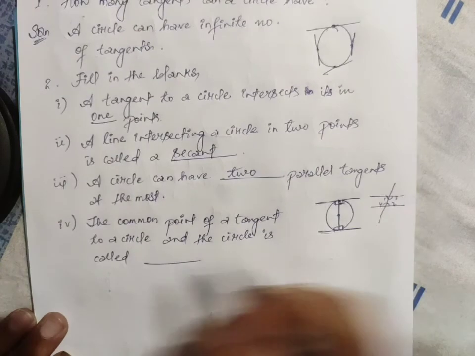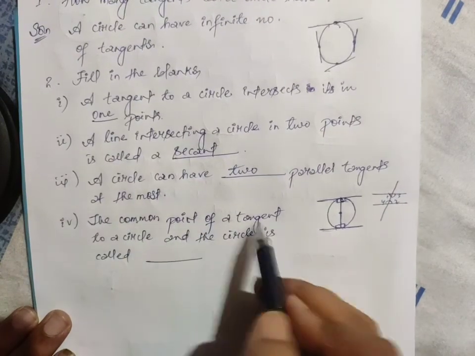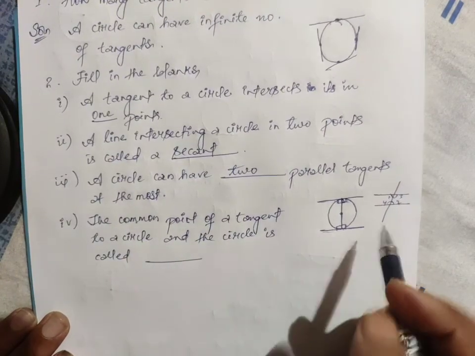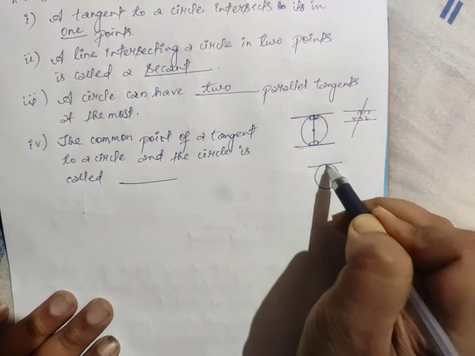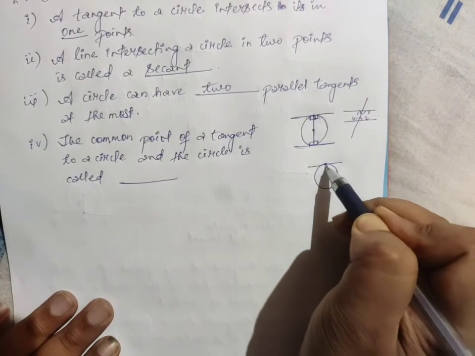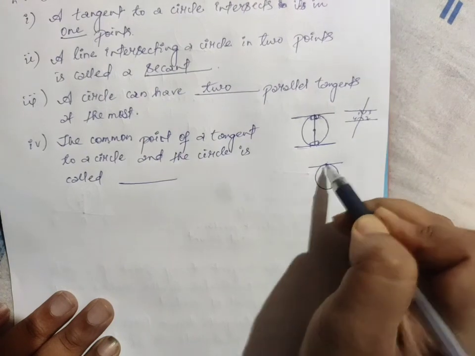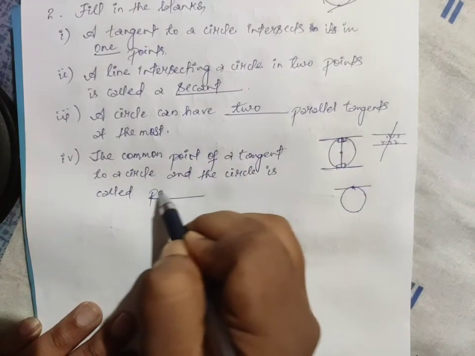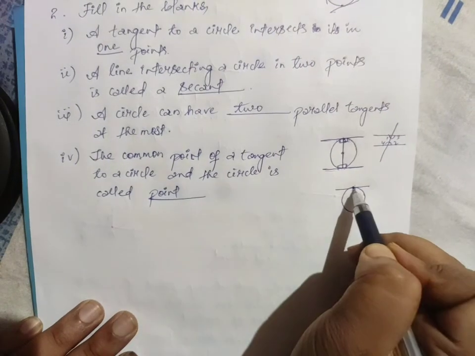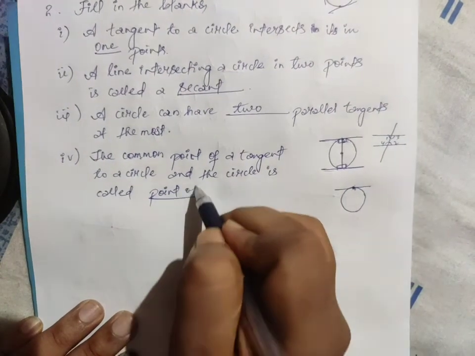So what do you call that point? Suppose you have a circle and you have drawn a tangent. This point is common to both, the tangent as well as the circle. So this point is called the point of contact. The common point between the tangent and the circle is called the point of contact.